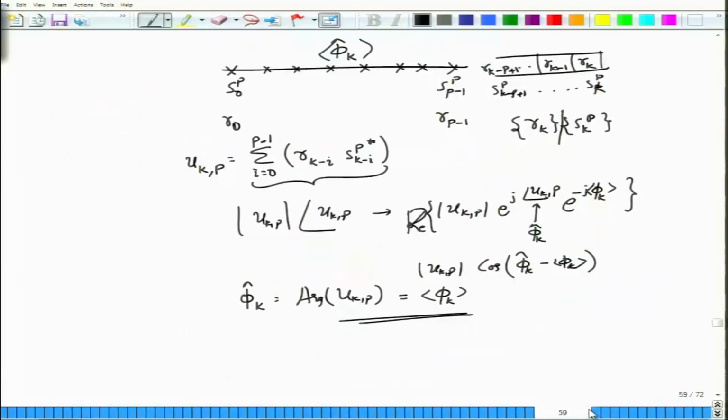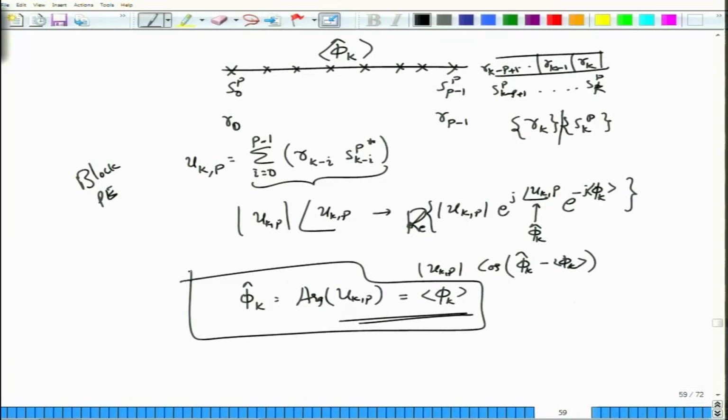But when you extend this into this form, it is called block phase estimation, because you are looking at a block of p symbols, and when you know all the pilots in that block, you take the inner product of the received symbols with the pilot symbols and call this your estimate. Please note that in this case we have assumed phi_k to be slowly changing, which means that this is reasonably okay to apply to the case of high bit rate systems.